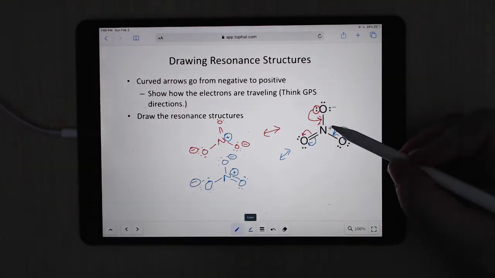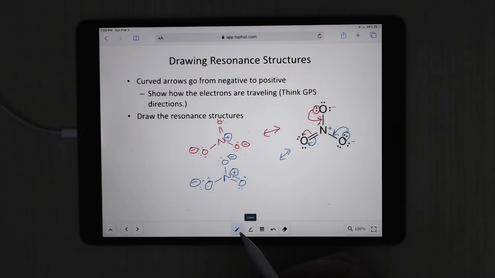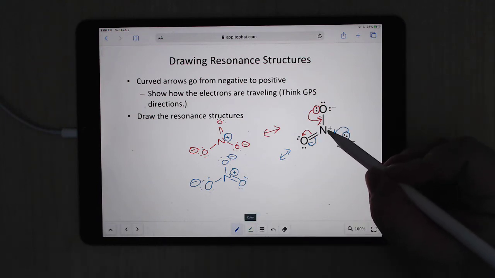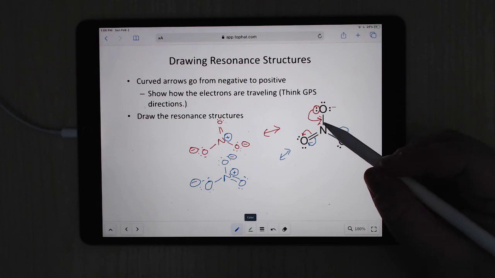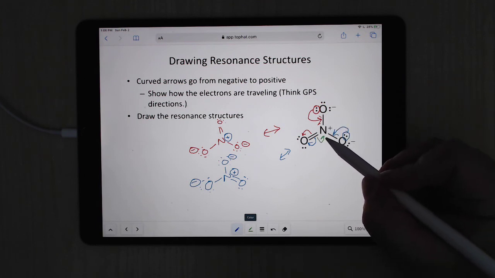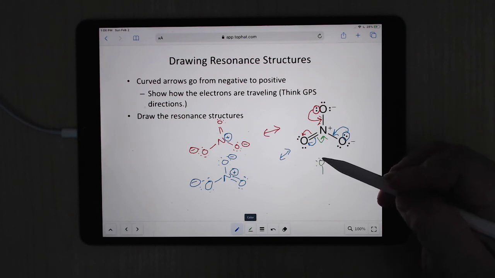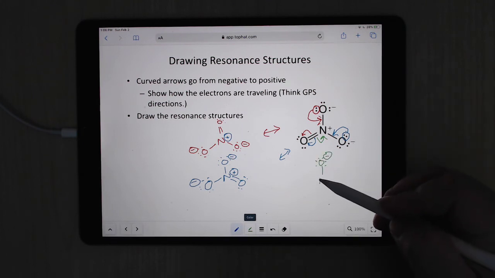Now we could just as easily have said, okay, well, what's wrong with the nitrogen here? Well, okay. What if instead this nitrogen, right, it wants to have 3 bonds and a lone pair. What if it says, okay, I'm going to take those lone pairs all by myself? And so what you would end up with is this.